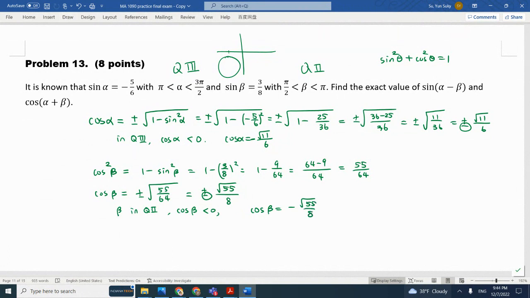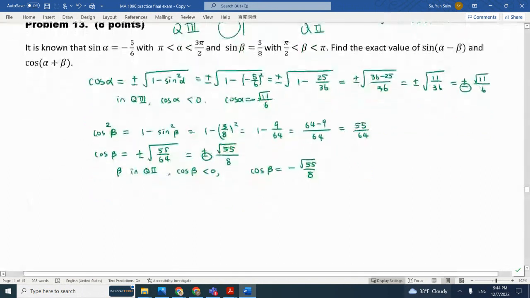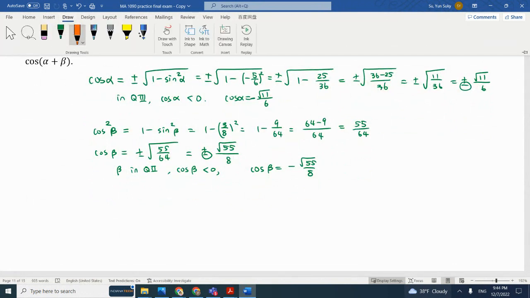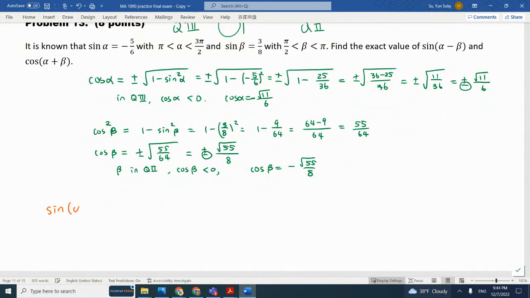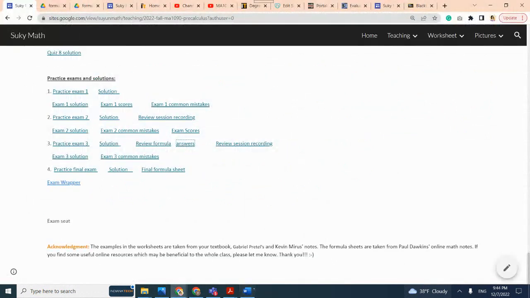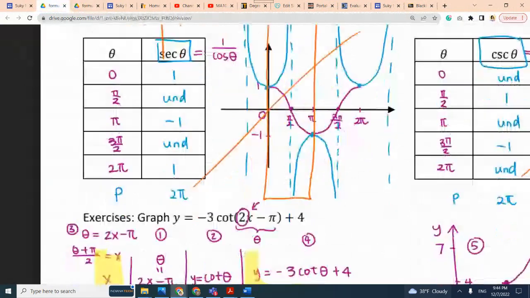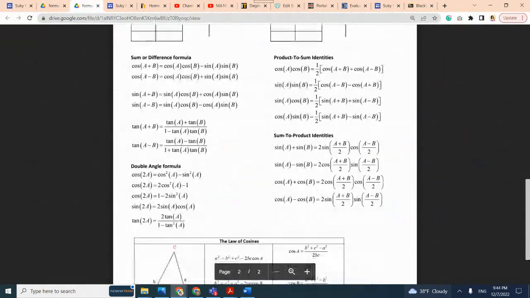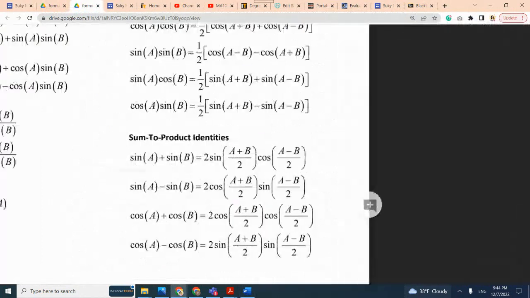All right. So we first figured out sine alpha, cosine alpha, sine beta, cosine beta. And now we're ready to find sine of alpha minus beta. Look at the formula. Here, I give you the formula.